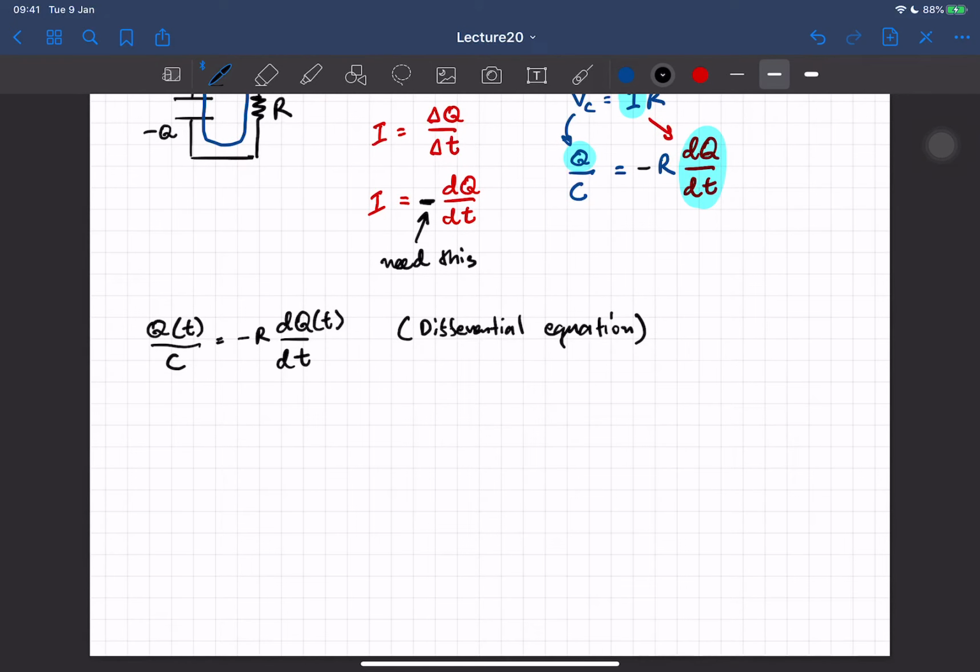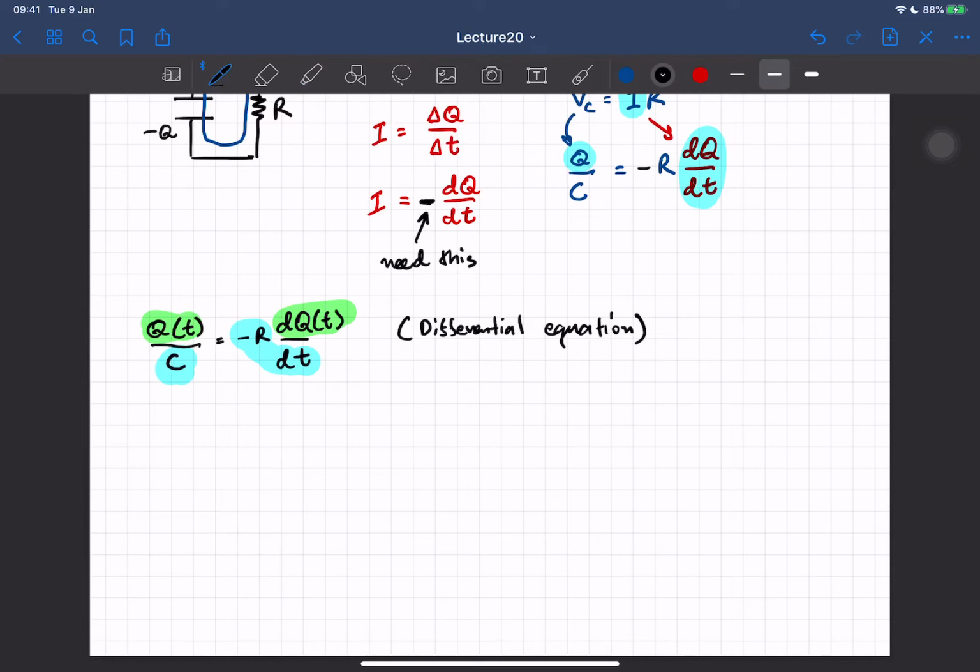The way to solve this differential equation is just to put the things that belong to the same variable on the same side and put the other things on the other side. So what do we have here? Well, we have terms that depend on Q, which is what I labeled in green here. We want to put these green things on the same side of the equation and put everything else on the other side.